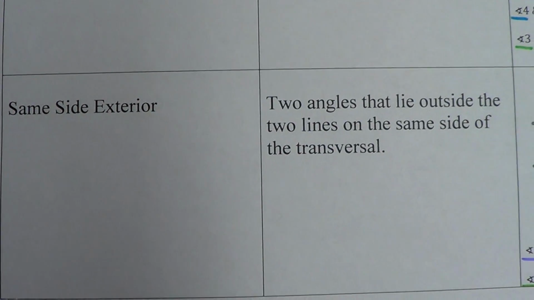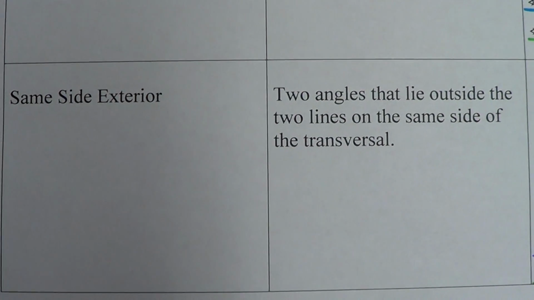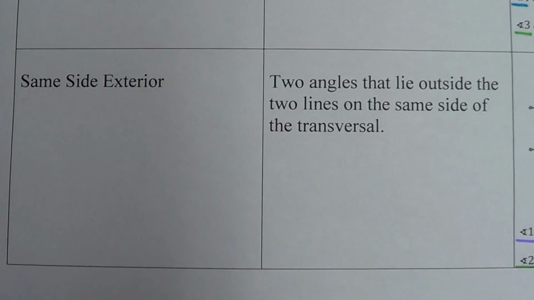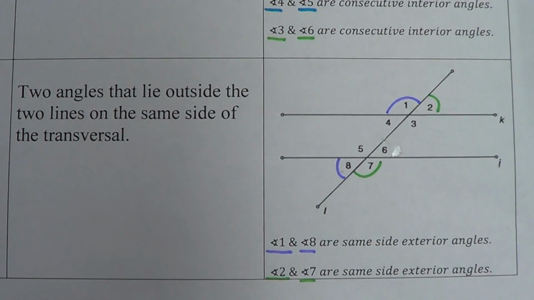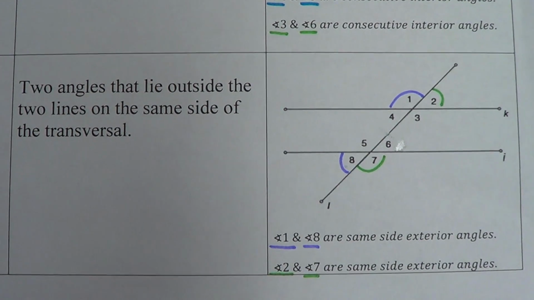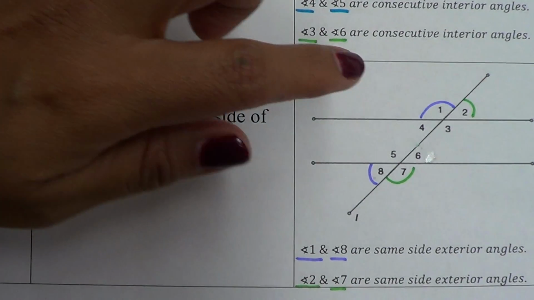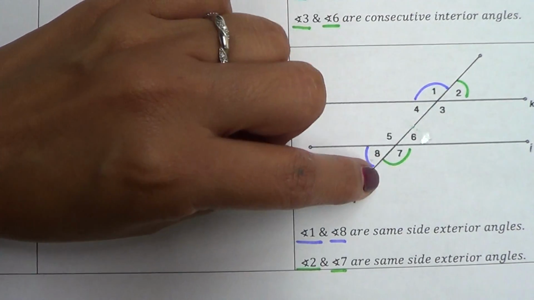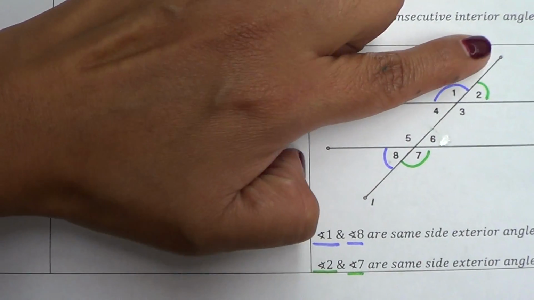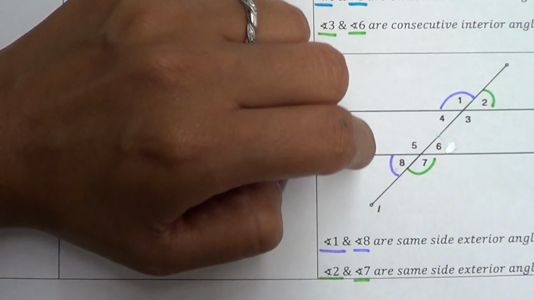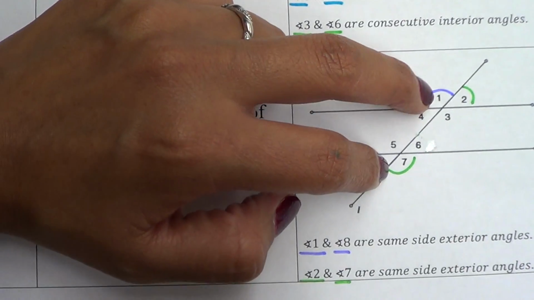2 angles that lie outside the 2 lines on the same side of the transversal. So we would say that angle 1 and angle 8 are same side exterior angles. They're on the same side of the transversal. That's this line right here. So they're on the left side, but they're on the outside of the 2 parallel lines.